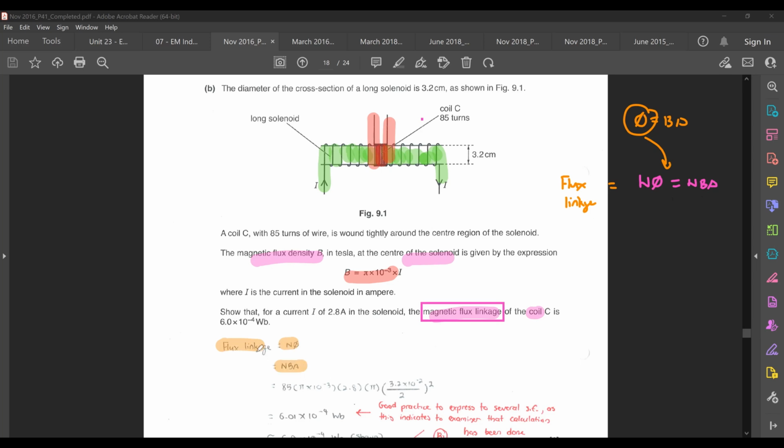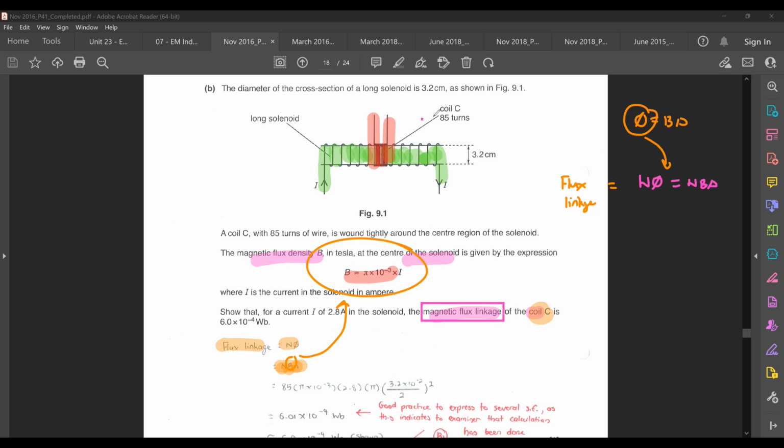So this is for flux linkage in coil C. The number of coil turns must be for coil C. The flux density must be the flux density through coil C. And the area here is supposed to relate to the area of coil C. All the variables here must relate to coil C. In this part of the question, they told you that the magnetic flux density at the center of the solenoid is already given by this equation. Your B, you can further expand it and replace with this.